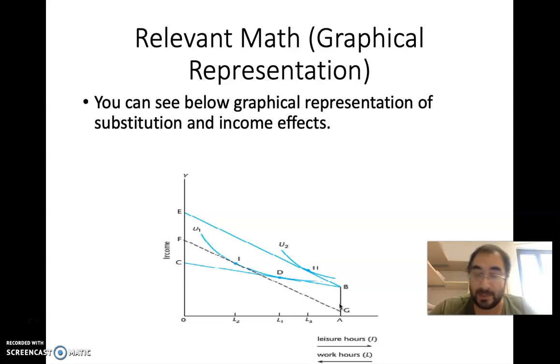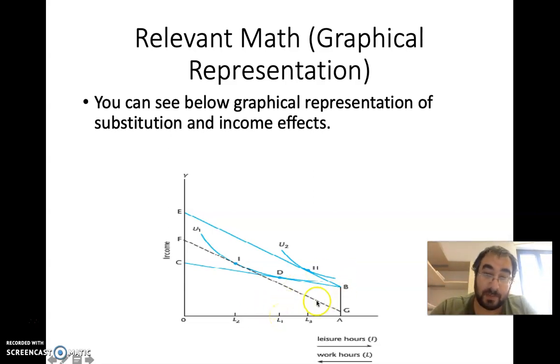The prices of consumption goods remain the same, while the price of leisure, which is equal to the wage, has increased. So if the price of leisure has increased, we will substitute to the goods whose price remains the same, which means we will increase our labor time and decrease our leisure time and have more income.